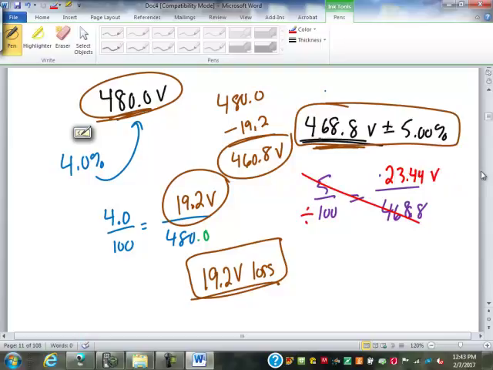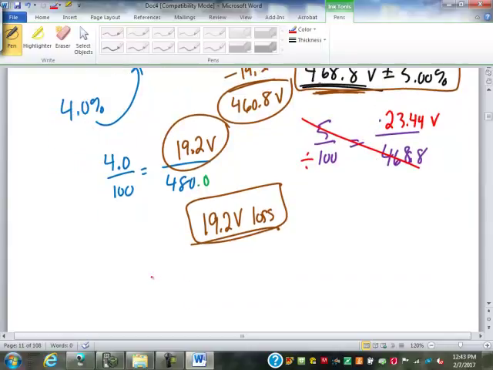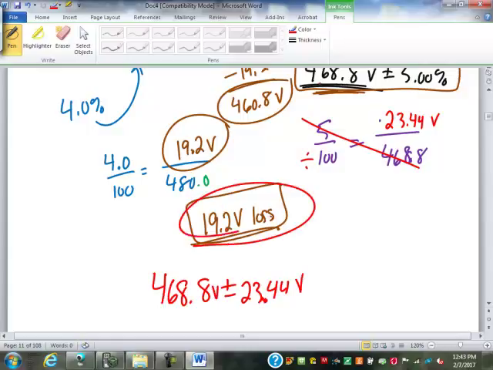So 23.44. Yeah. So that is 468.8 plus or minus 23.44 volts. But there is a loss of 19.2 volts.